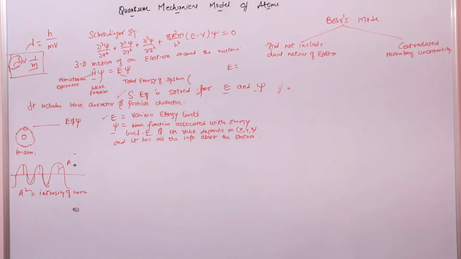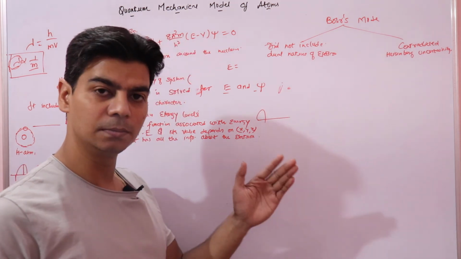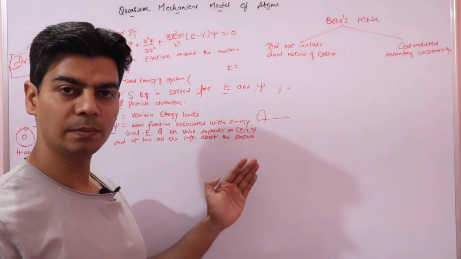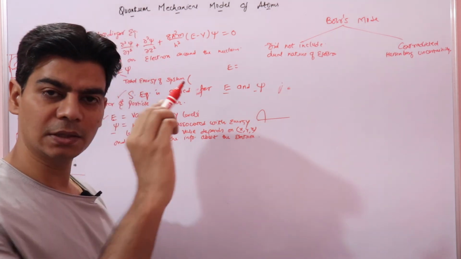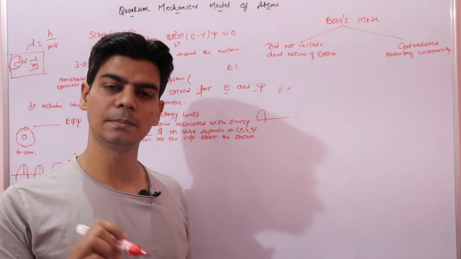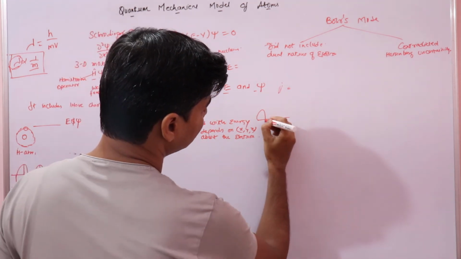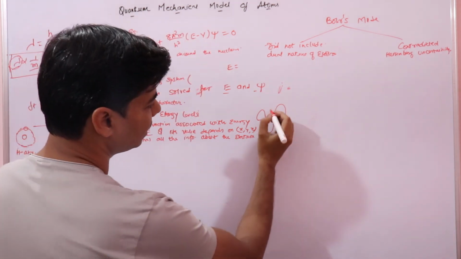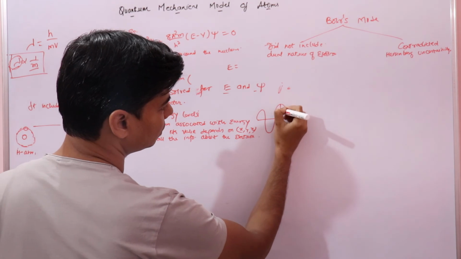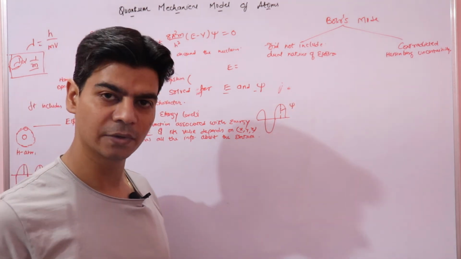Similarly, the value of psi here: since we are dealing with quantum mechanics, it includes the wave nature of electrons. So the electrons that are revolving around the nucleus are waves, right? So this is the wave. Psi can be taken as the amplitude of this electron wave, right?